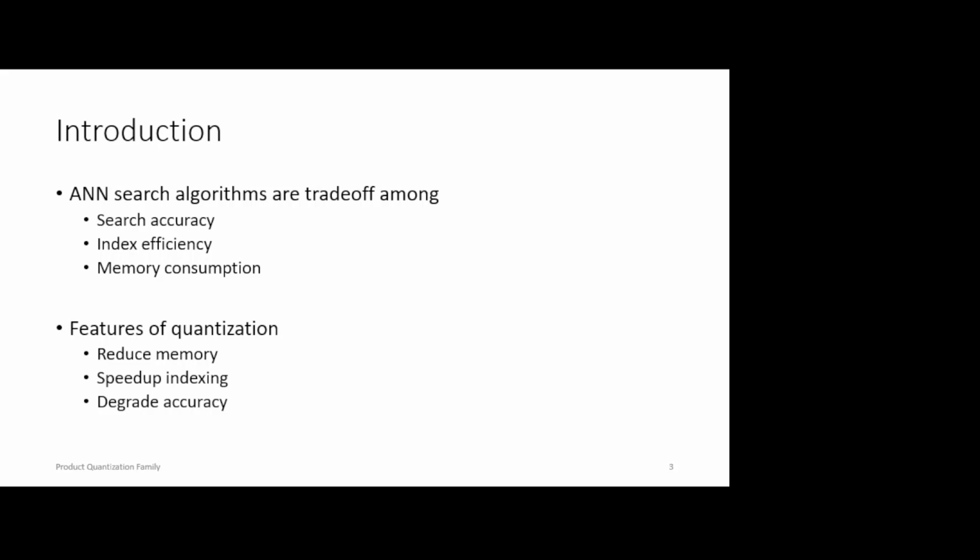Maybe you can give very good search accuracy, but your index efficiency will be degraded. And even if you have very good accuracy and efficiency, you may have to consume a lot of memory. So you always have to deal with these three issues. It's case by case, based on your application: you have to think about which one is most important, and sacrifice another one.